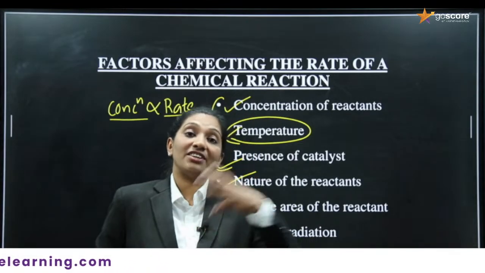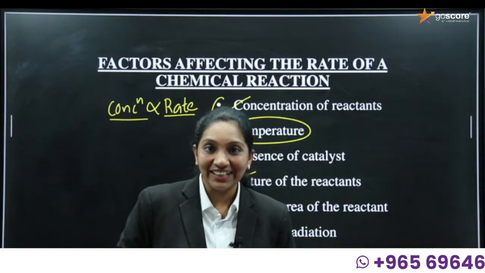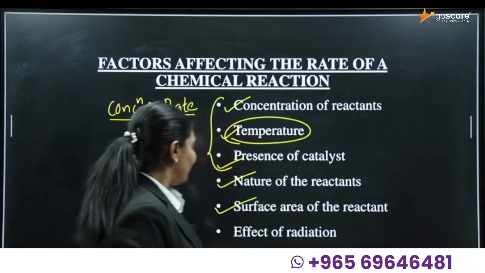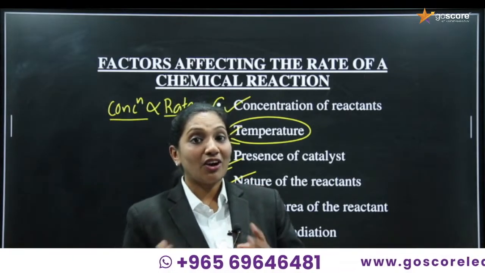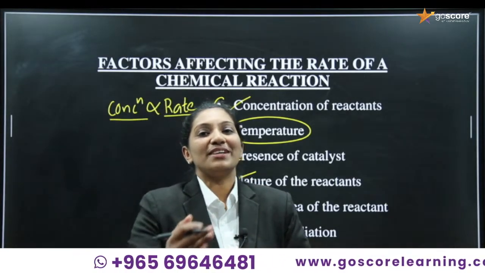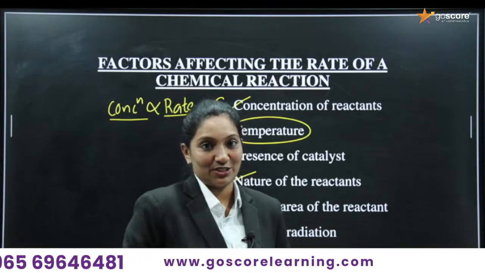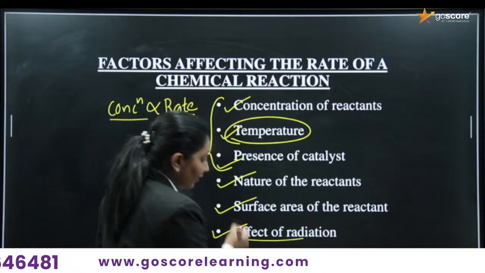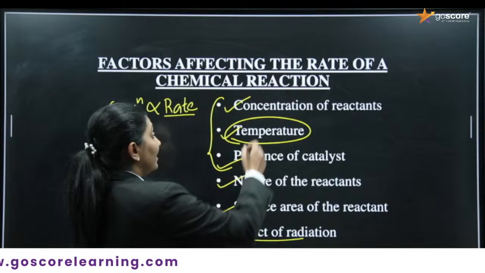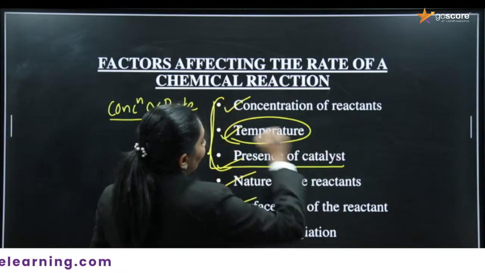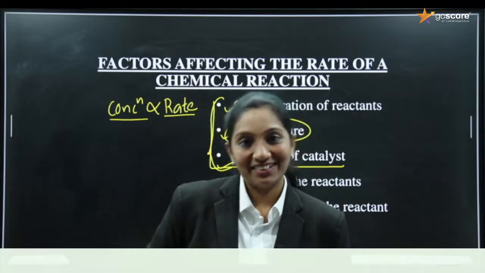So, if the surface area increases, of course, the rate of the reaction increases, right? The next one is the effect of radiation. Reactions that take place in the presence of light are what we call photochemical reactions. So, this factor is mainly for photochemical reactions. You have to mainly concentrate on the three factors discussed, how these factors affect the rate of a reaction.